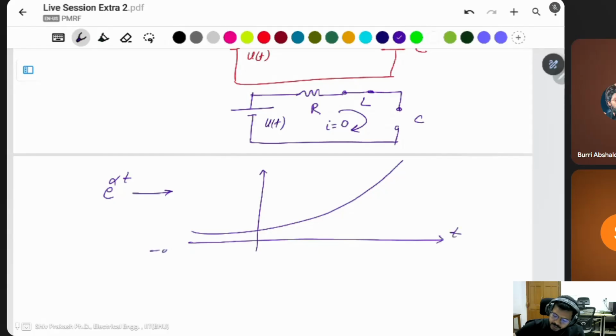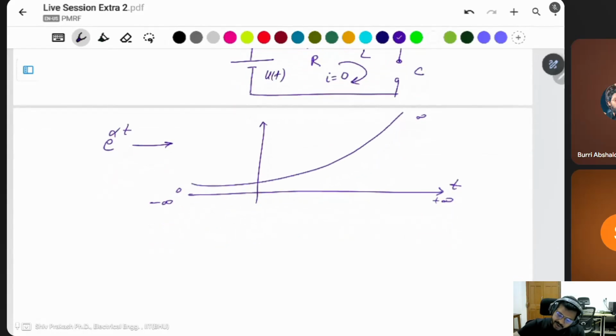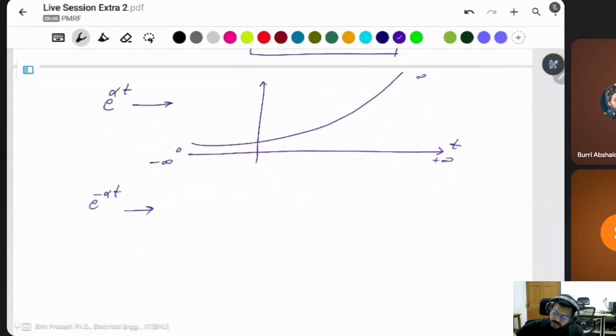At minus infinity, it will be 0. At plus infinity, it will be infinity. If we put minus infinity here, e to power minus infinity will be 0. If we put infinity, time is infinity, then this will be infinity. E to power minus alpha t will look like this thing.